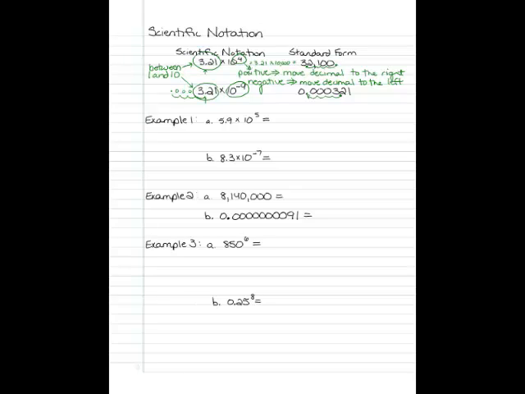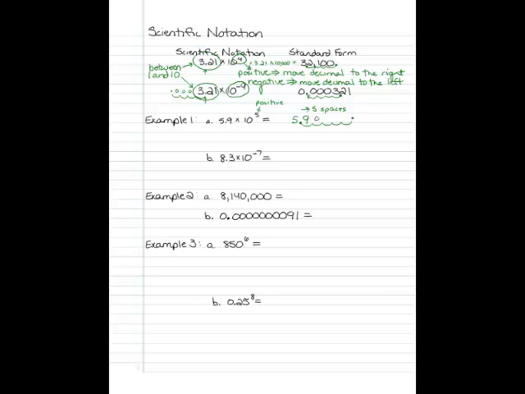That gives you the number in standard form. So practicing this in example 1, we have 5.9 times 10 to the fifth. Starting with the 5.9, the exponent is positive. So that tells us we're going to move to the right 5 spaces. So starting here, 5.9, there's 1, 2, 3, 4, 5 spaces.